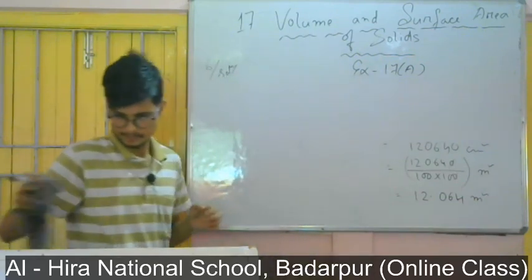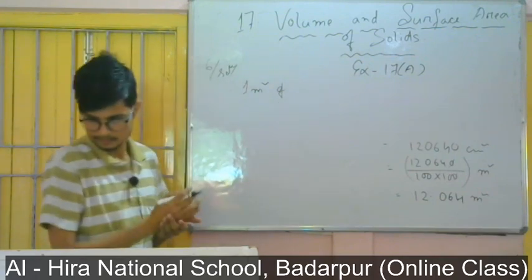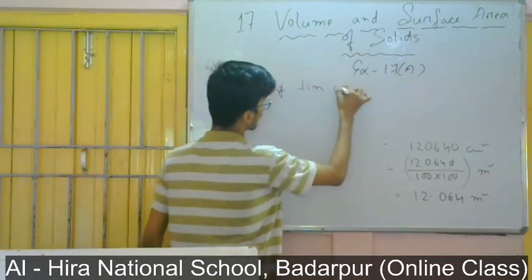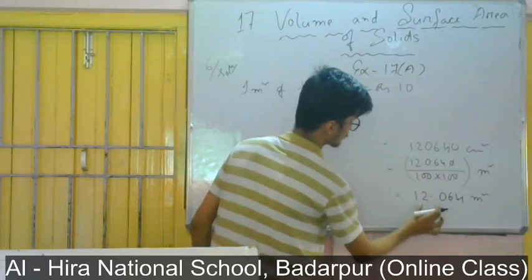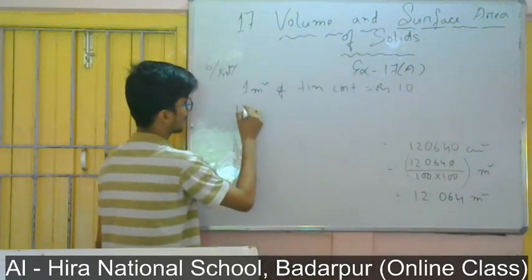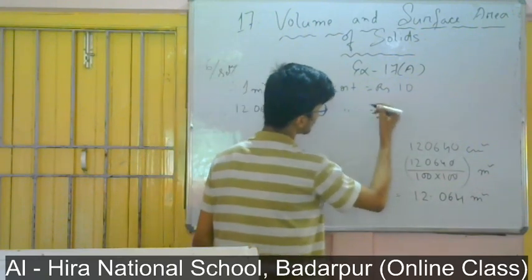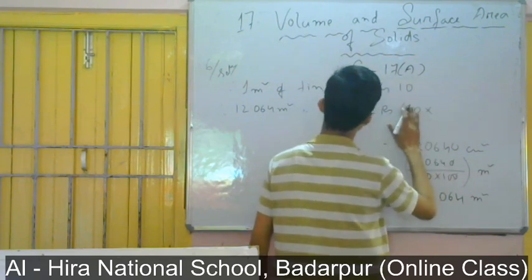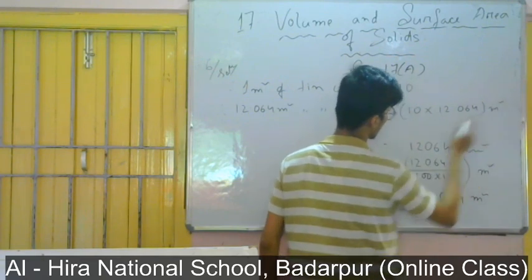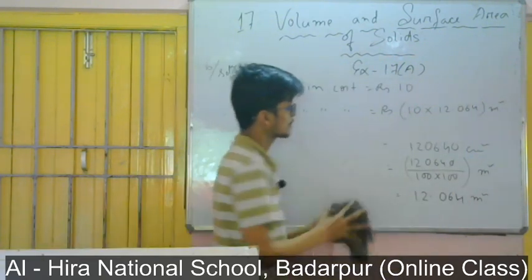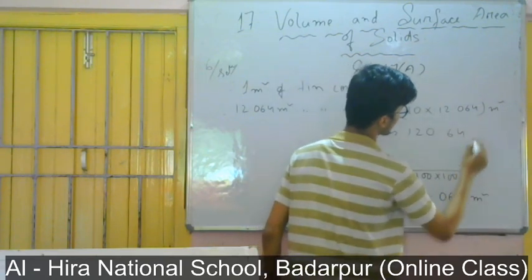Okay, so now it is given that 1 meter square of tin costs rupees 10. That means for 1 meter square it is 10. Therefore, 12.064 meter square of tin cost will be equal to rupees 10 into 12.064.